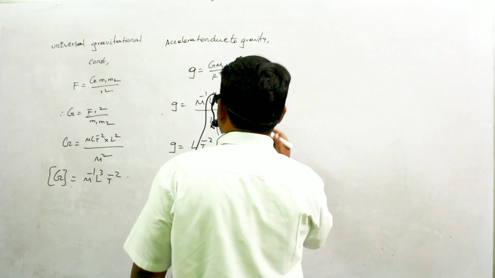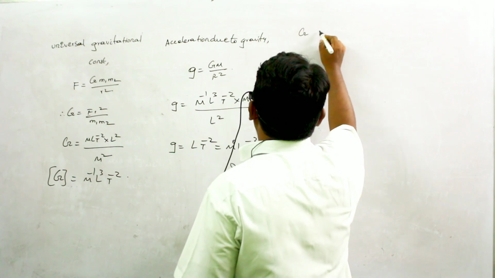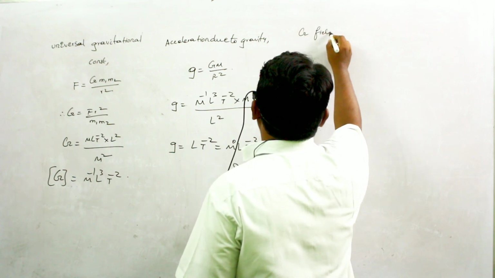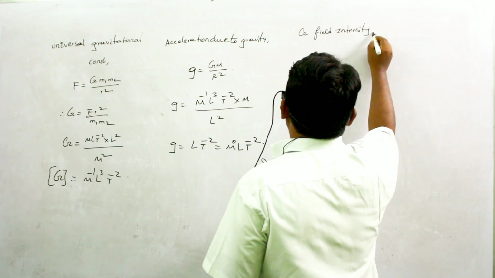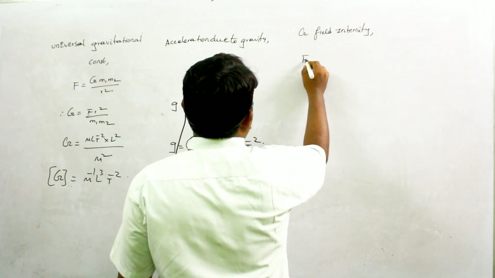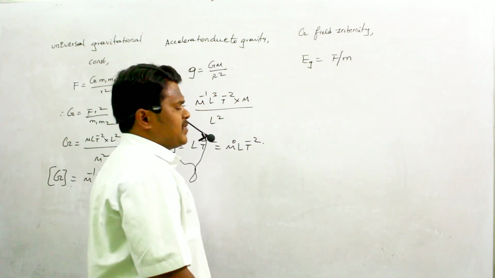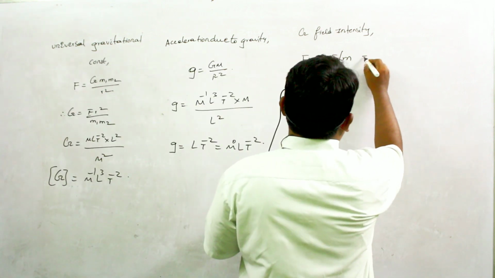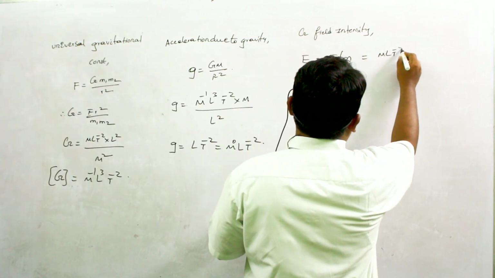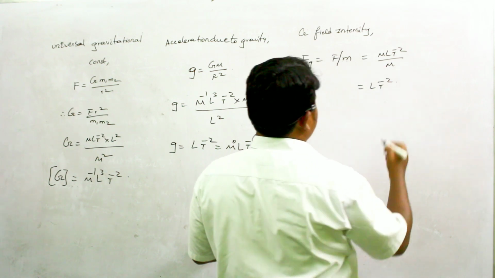Similarly, if we see the dimension of gravitational field intensity, we can write Eg is equal to force experienced per unit mass, which is called gravitational field intensity. So the force dimension is M L T power minus 2 divided by mass, giving L T power minus 2.